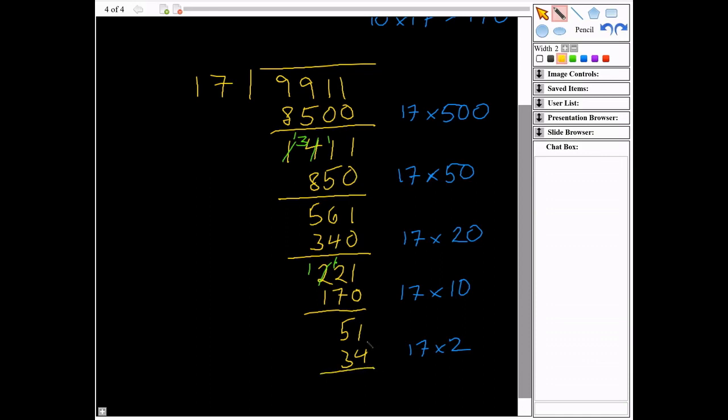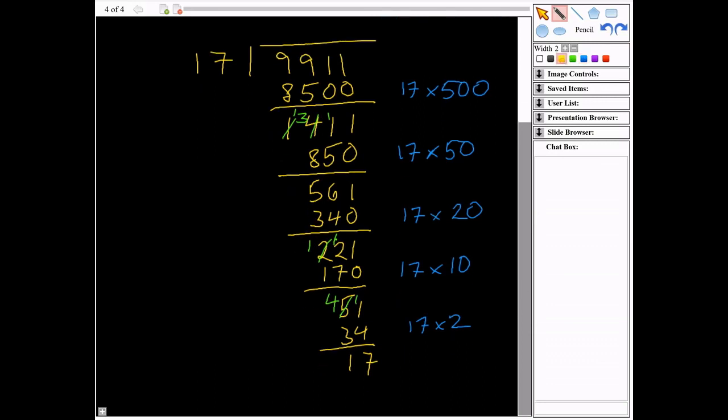I take away 11 take 4 would be 7. 4 take 3 would be 1. I've got 17. So the best fit would obviously be 17. That gives me a remainder of 0. And this is 17 times 1. So that's the end there.